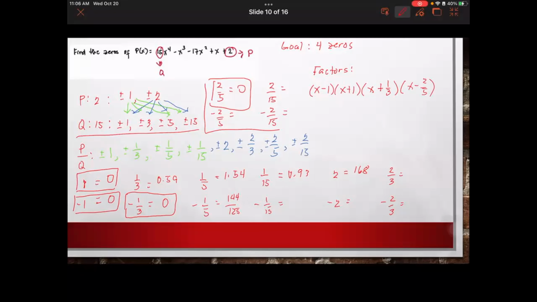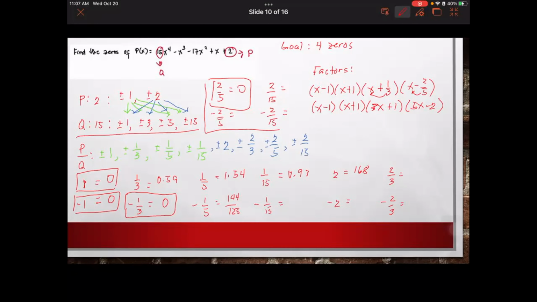Tapos, i-multiply natin yung mga denominator natin sa x. So, magkakaroon tayo ng x minus 1, x plus 1, tapos this will be 3x plus 1, and magkakaroon tayo ng 5x minus 2.